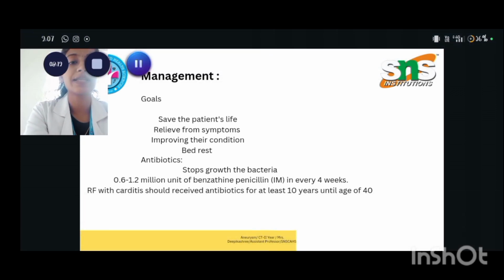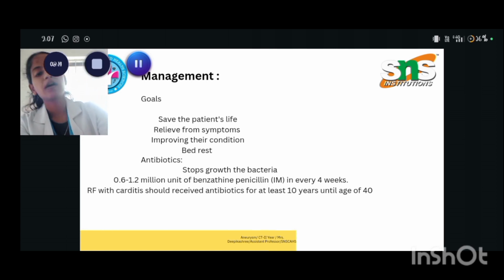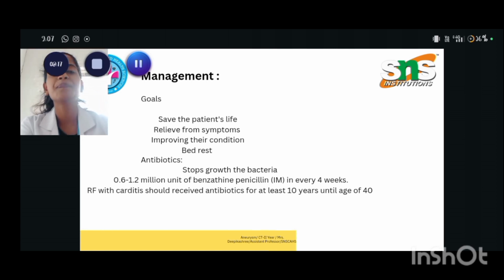Antibiotics are to stop the growth of bacteria. In this condition, 0.6 to 1.2 million units of benzathine penicillin should be given to the patient IM every 4 weeks.